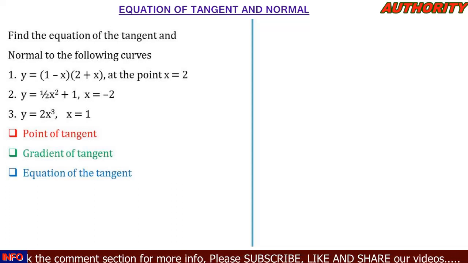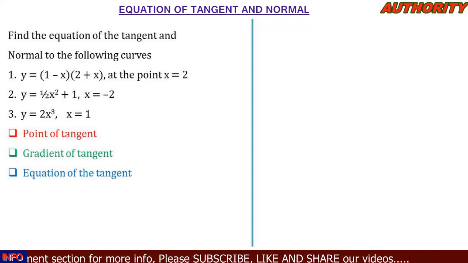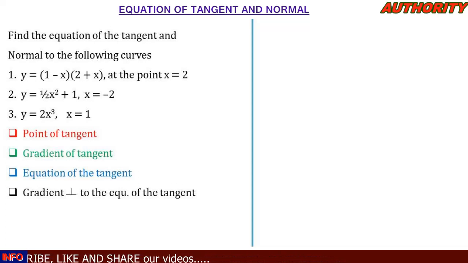So, when we get the point and get the gradient, we'll be able to find the equation of the tangent. And when we find the equation of the tangent, we also find the gradient that is perpendicular to it.